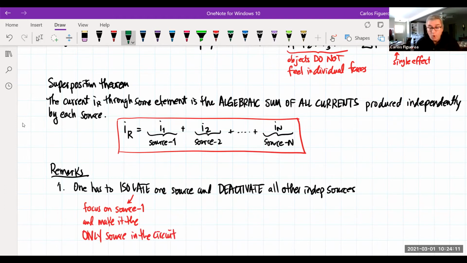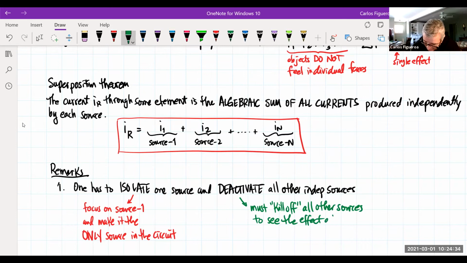Even though there's a whole bunch of other sources here, we must kill off all other sources to see the effect of source 1. Because if I had other sources, they're screwing it up.